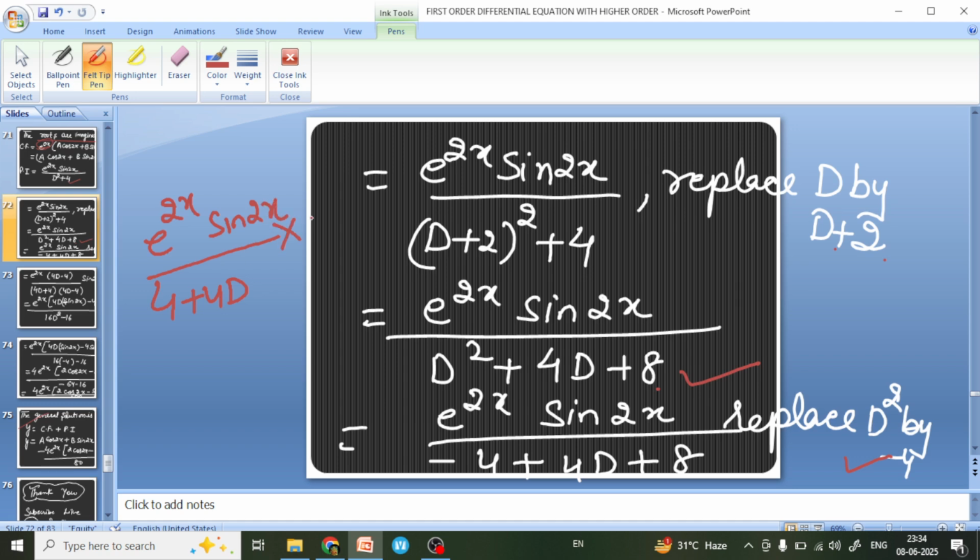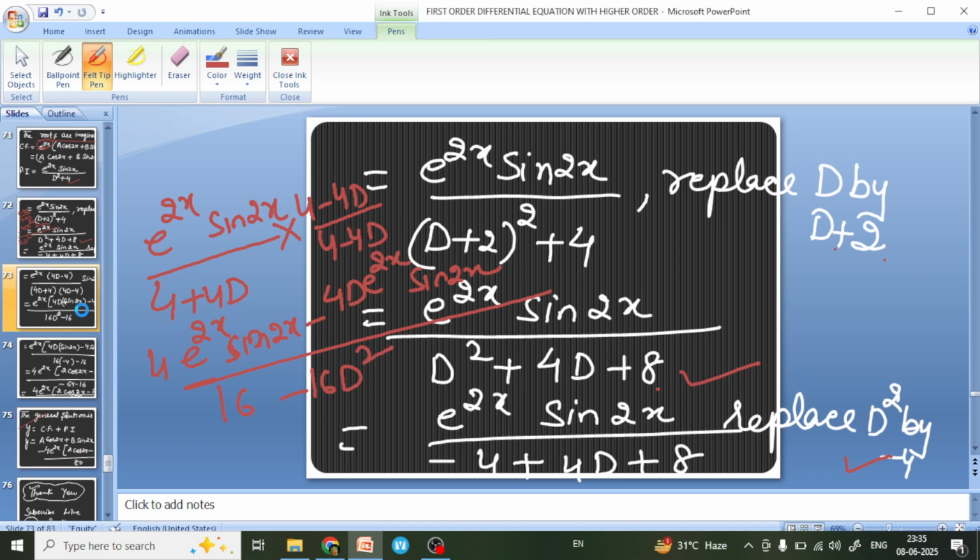When we rationalize with 4 minus 4D, we will find 4 e raised to power 2x sine 2x minus 4D e raised to power 2x sine 2x over 16 minus 16 D square, and D square is replaced by minus 4.